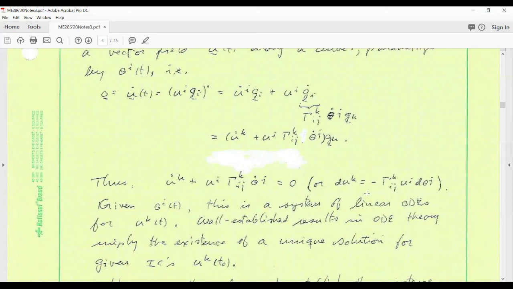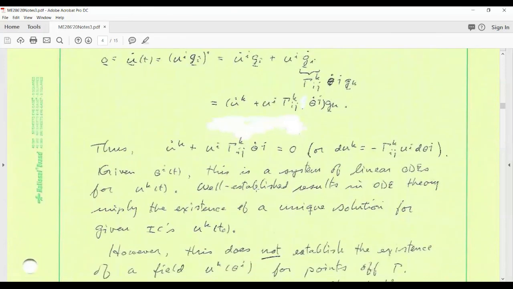And that's a system of 3 ordinary differential equations. So provided the gammas are defined on our curve, they're defined in terms of the thetas, the coordinates, but the thetas are given as functions of the parameter on the curve. So this then becomes a system of linear ordinary differential equations on the curve. If you give an initial condition for the U^K at some point on the curve, then the highly developed theory of ODEs establishes that this has a unique solution. Okay.